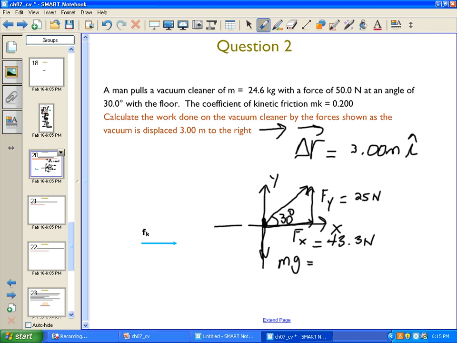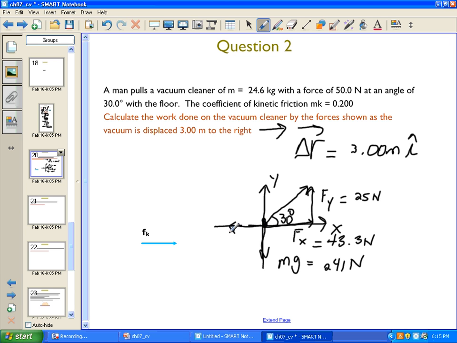And mg here is equal to, let's see, 24.6 times 9.8 is 241 newtons.